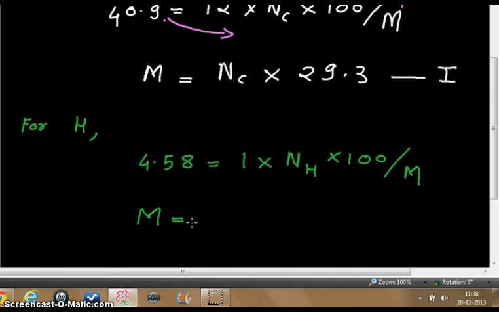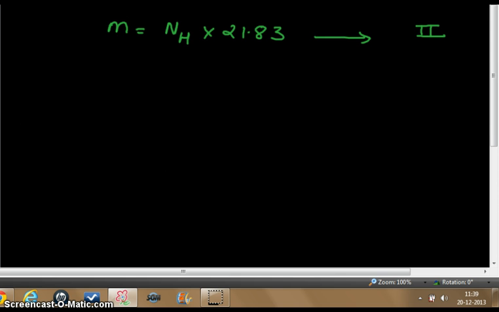So molar mass is equal to number of hydrogen atoms into 21.83. So this M is equal to NH into 21.83, which we will call the second equation, equation number 2.